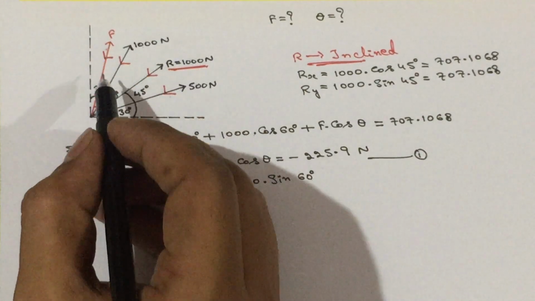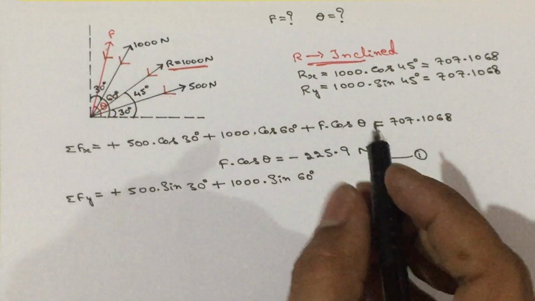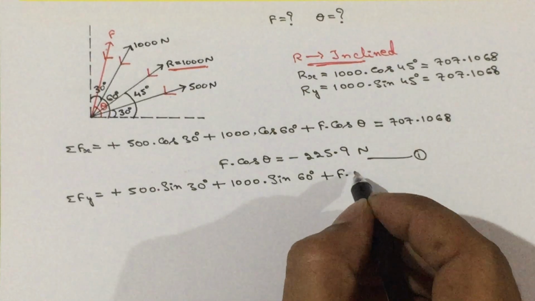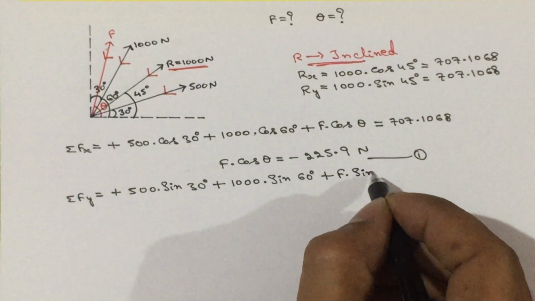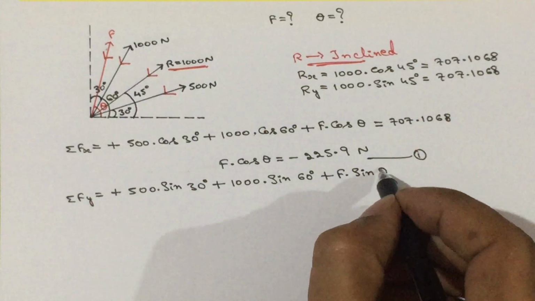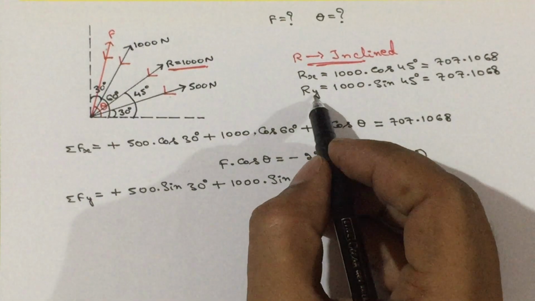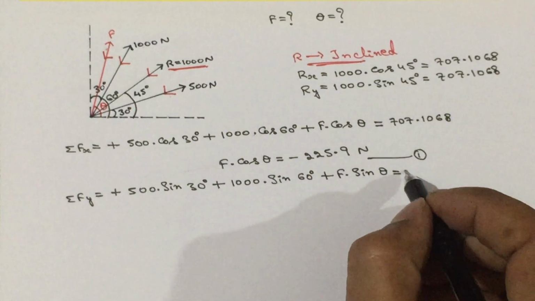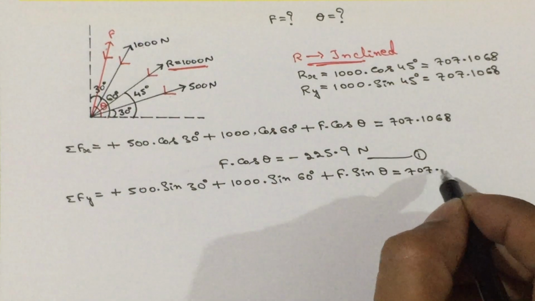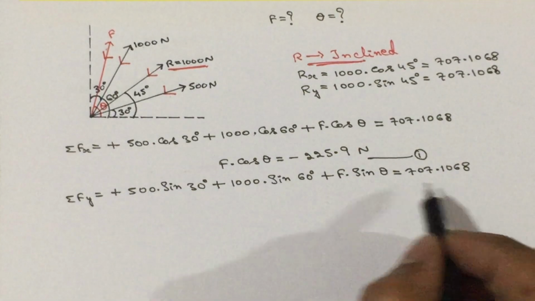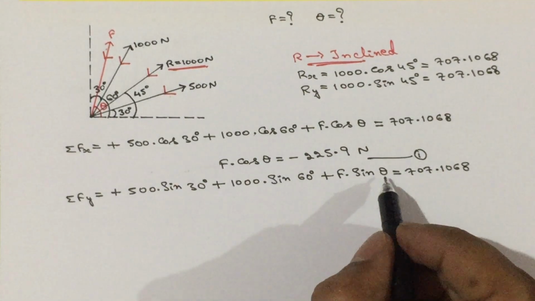Then F, horizontal component leave it, vertical component it is moving upward plus, F into sine of horizontal angle, that is theta. That should be equal to sigma fy, which should be equal to Ry, that is equal to 707.1068. So here in this equation the unknown is F sin theta.